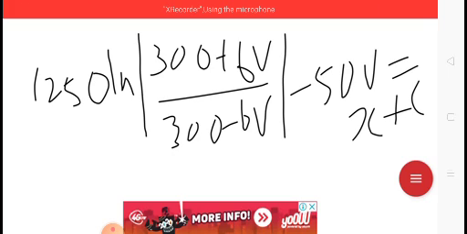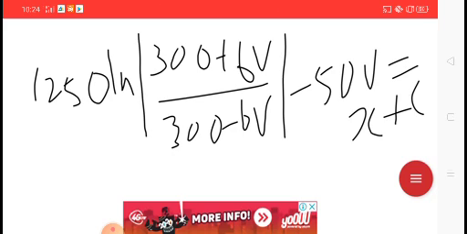Apply the initial condition t equal to 0. You know that at the starting point x equals 0 and v equals 0, so you will get c equal to 0.